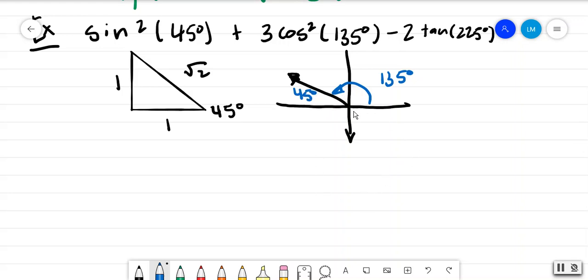Now, if we look at 225, similarly, I wonder if it's okay if I just draw a line right here and put another, maybe another color. Oh wait, that's the wrong one. 225 actually won't be over here.